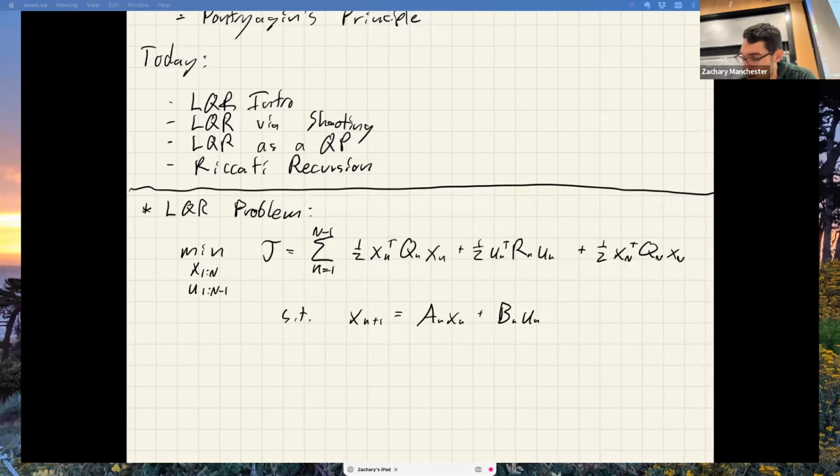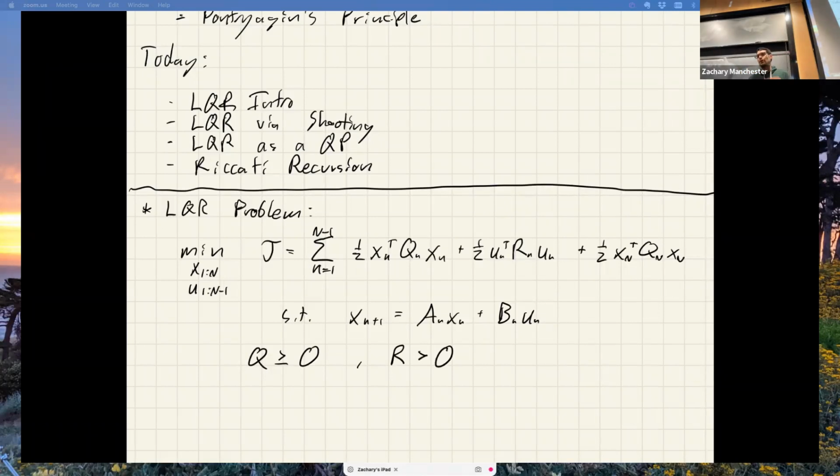There's a couple of requirements on the setup, and it'll become clearer why. There are requirements specifically on the Q and R matrices in the cost function. Normally for a QP, we want things to be positive definite or positive semi-definite. It turns out in this case, for reasons that will become clearer later, you need Q to be positive semi-definite, and you need R to be strictly positive definite.